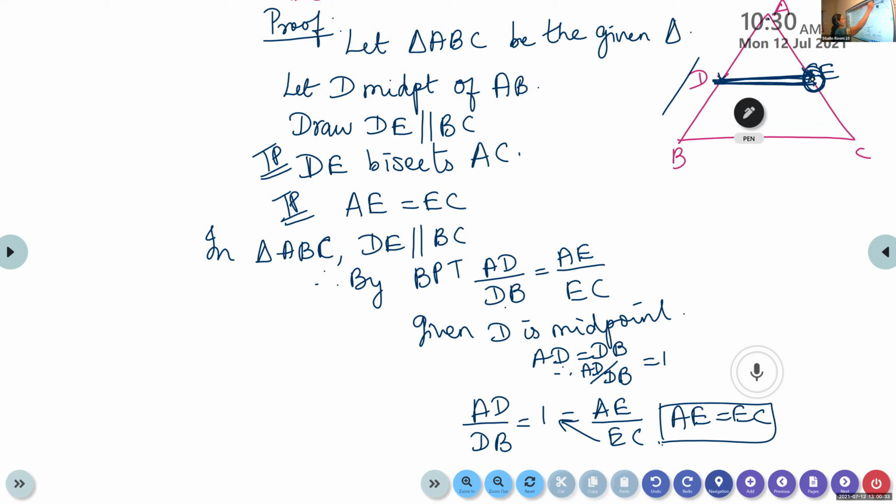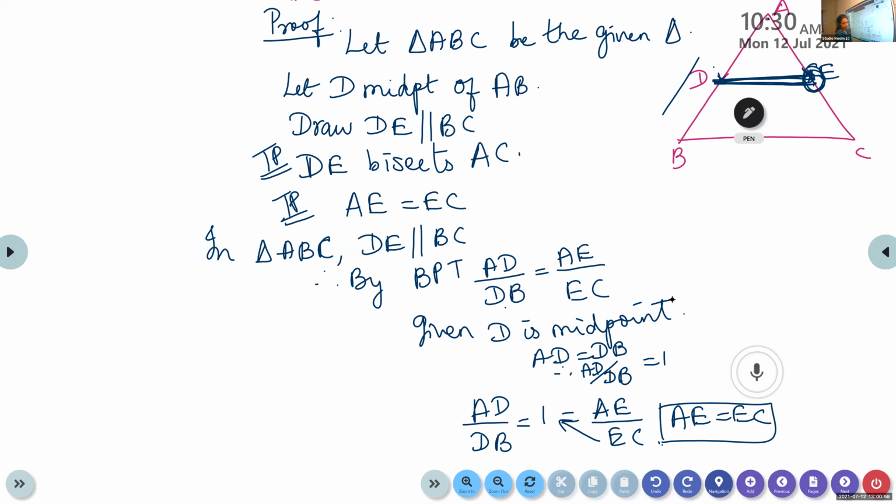Now you take the triangle. In triangle ABC, DE is parallel to BC. Therefore, by BPT, AD by DB is equal to AE by EC. Here it is given D is the midpoint of AB. So we get AD is equal to DB.